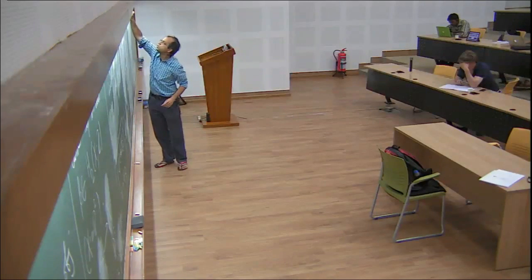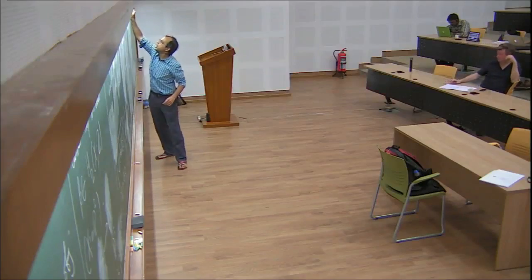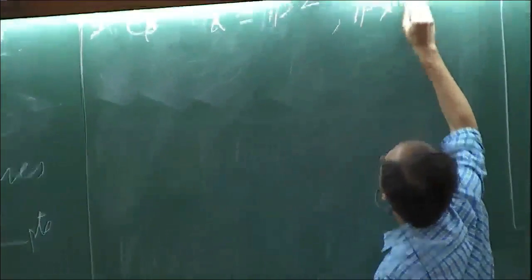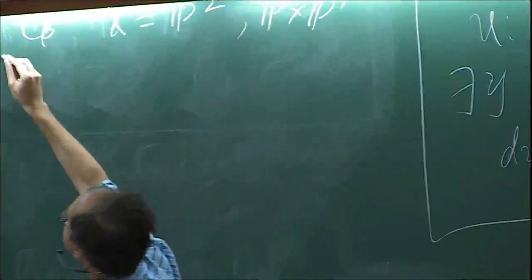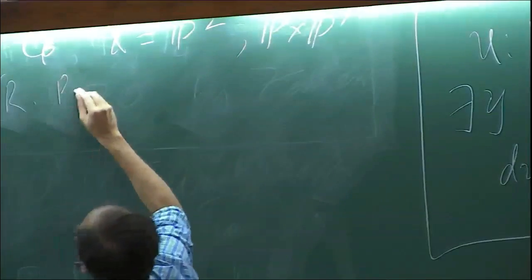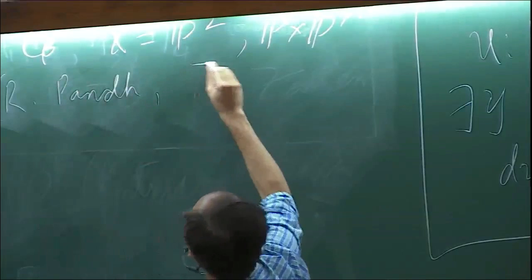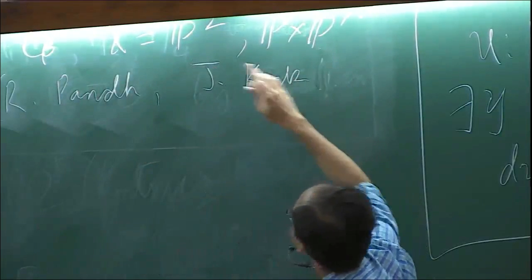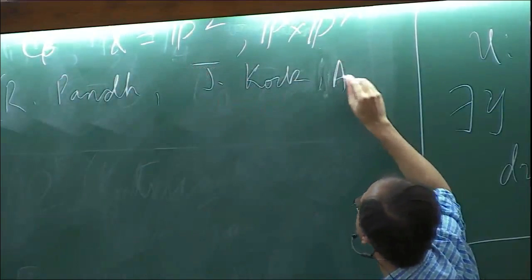So for question 1, C beta, when the target is P2 or P1 cross P1, there is a formula for this by Pandharipande and Joachim Koch, and later by Zinger.